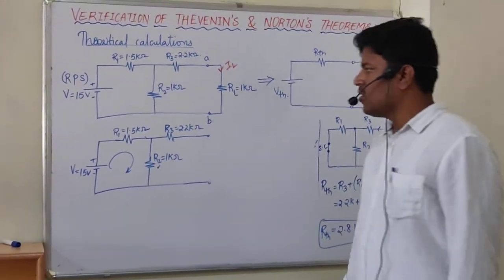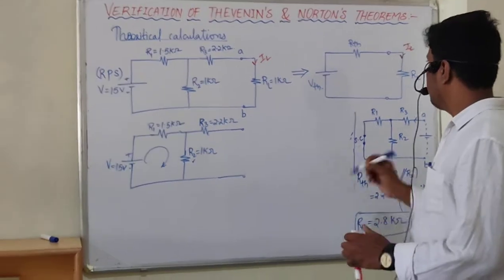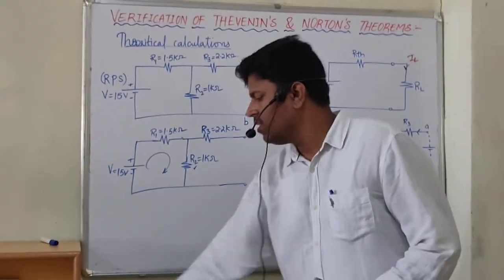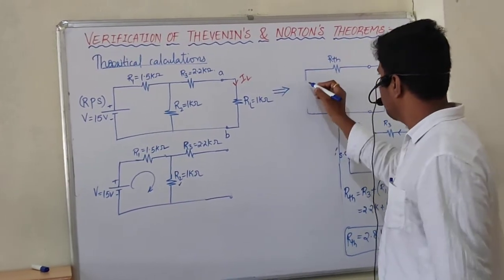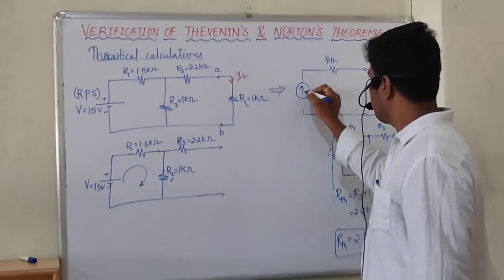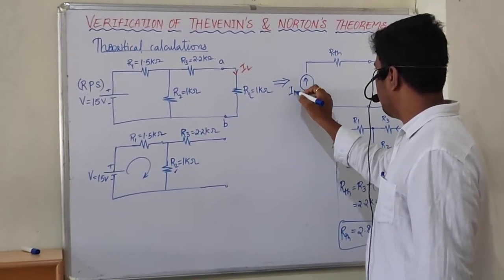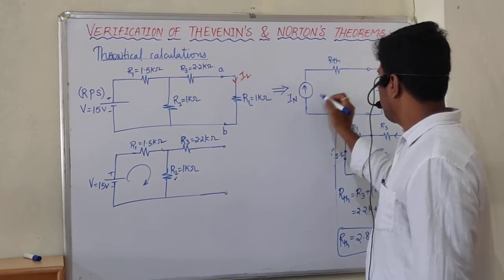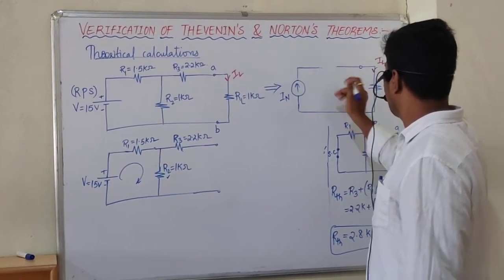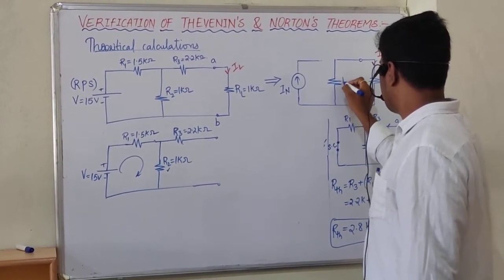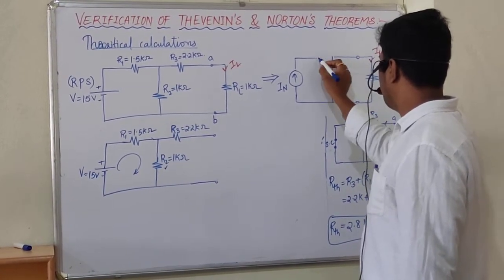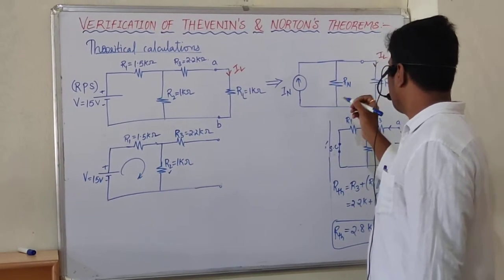Right. So in Norton's equivalent circuit, we have a current source, in parallel a resistor. That resistor we have denoted as R, right?